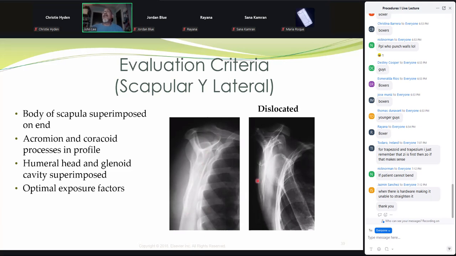You can see on this one here, the humeral head is not sitting over the glenoid cavity, so we have an anterior dislocation. When you do these from internal, external going to the Y, typically you want to use about 85 kV on your scapular Ys.